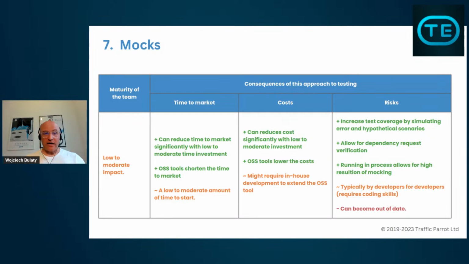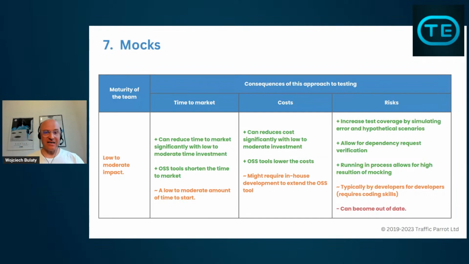And this is a very widely used approach. It can help you reduce the time to market and the cost significantly, especially if you use open source tools. And as with any test double, it increases the test coverage by helping you simulate those error or hypothetical scenarios.